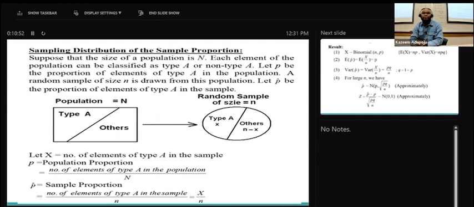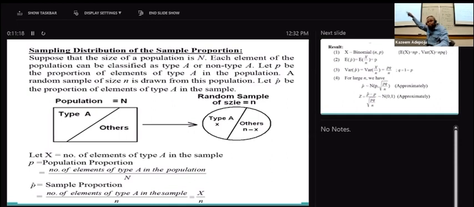The first group are those that approve the job the president is doing, because when you ask them a question, it's a yes or no. Do you approve the job the president is doing? Yes, no, yes, no. That X will be the number of people who say yes. N minus X will be the number of people who say no. Does that make sense?